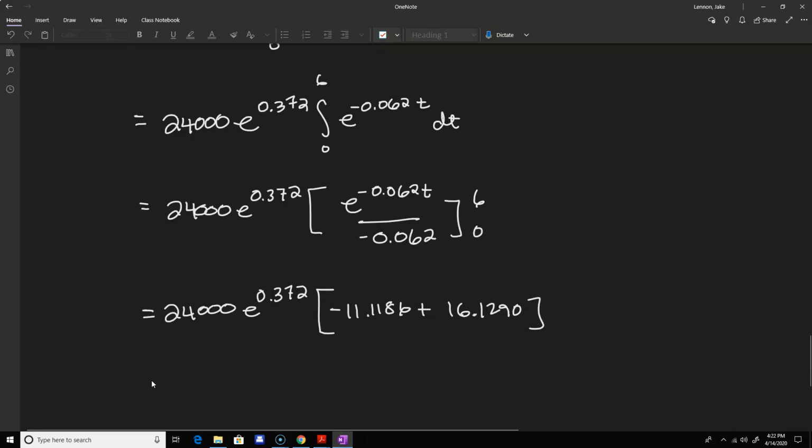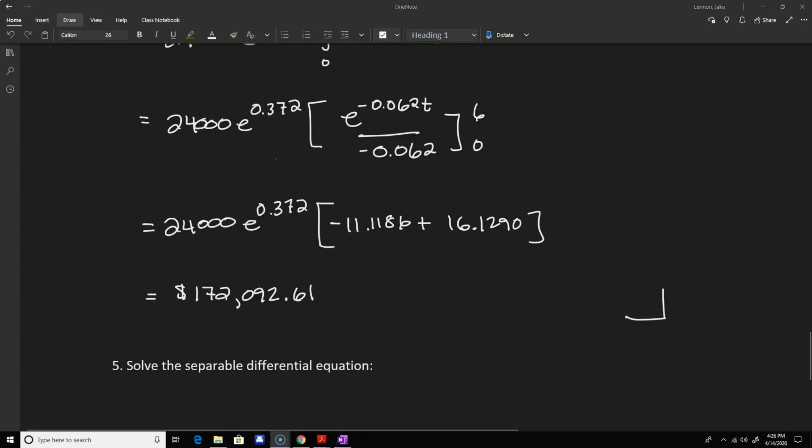So then we can just plug that into our calculator. So we multiply that result by 24,000, e to the 0.372. Sorry, I made a small mistake typing that into my calculator, so I'm just fixing that up now.